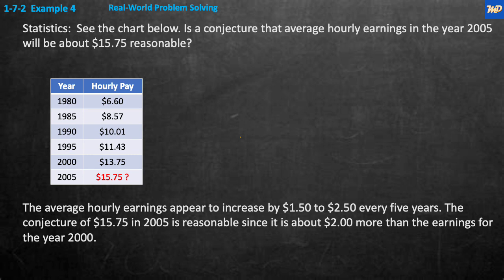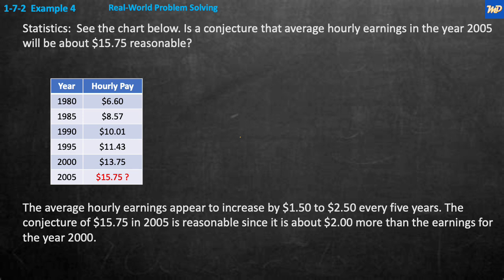Example 4, real-world problem solving. Statistics. See the chart below. Is a conjecture that the average hourly earnings in the year 2005 will be about $15.75 reasonable? Well, looking at the chart, we can see this is for every 5 years.